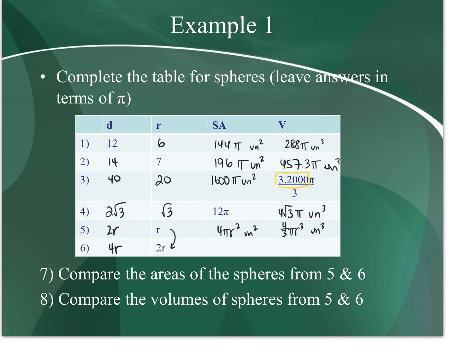Surface area is 4 pi r squared, and if r is 2r, then I'm going to get 4 times pi times 4r squared, and I'm going to end up with 16 pi r squared. So notice my surface area is 16 pi r squared units squared.